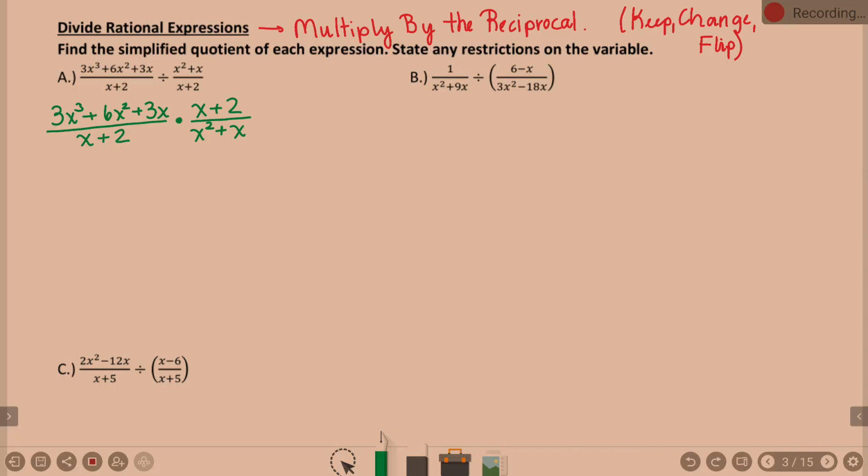So thoughts on factoring 3x cubed plus 6x squared plus 3x? Okay, do we see the GCF there? They all have at least a 3. They also all have an x.